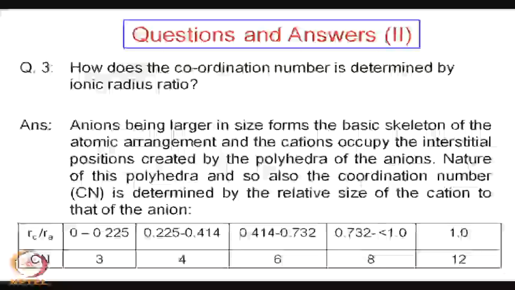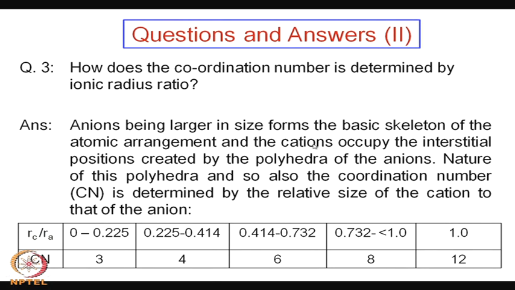Since the anions are larger, they actually form the skeleton. They cannot come too close to form the complete compact structures, but they touch each other earlier.